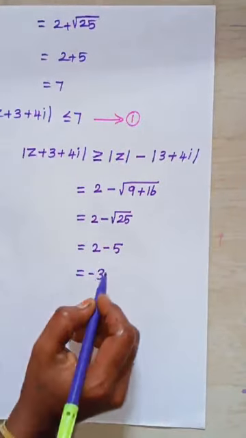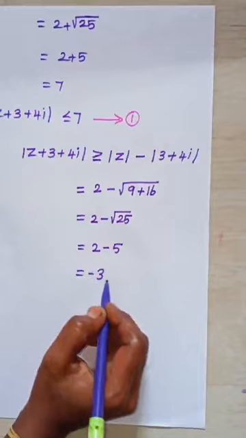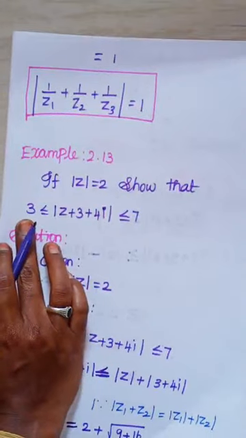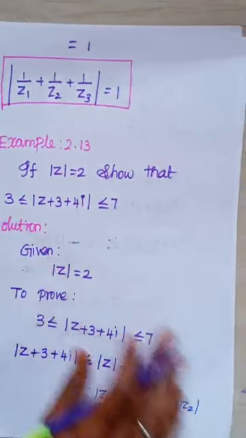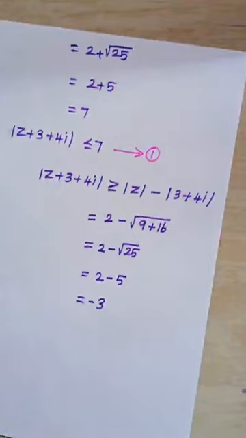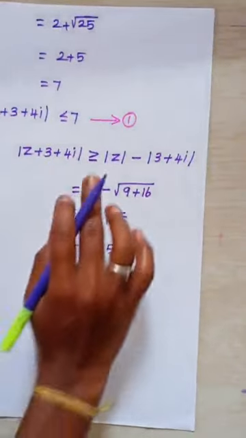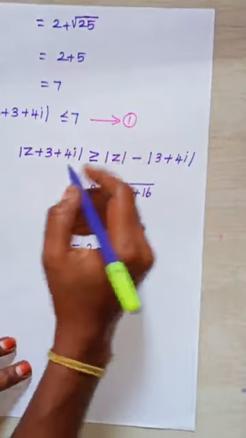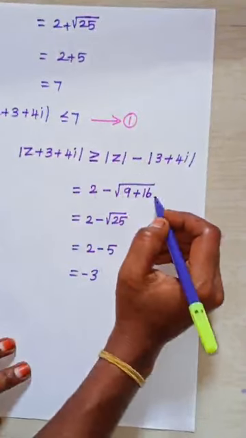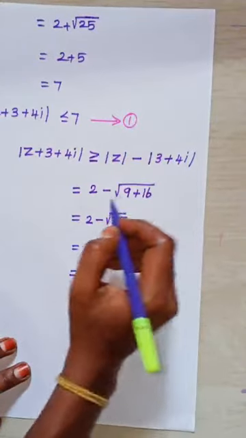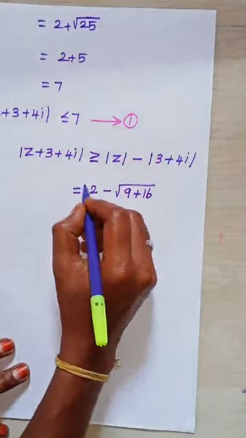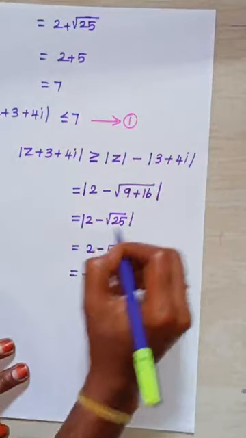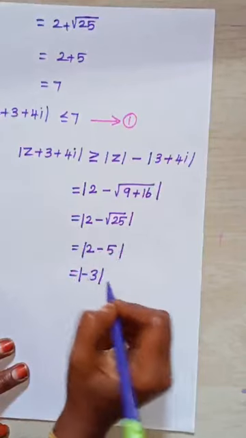Here we got a negative value, but we must prove only the positive value. In that situation, we take the whole modulus of this term, and we get it positive.